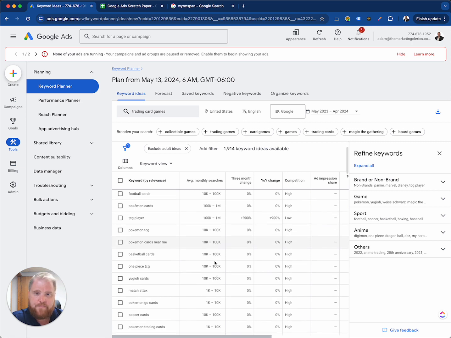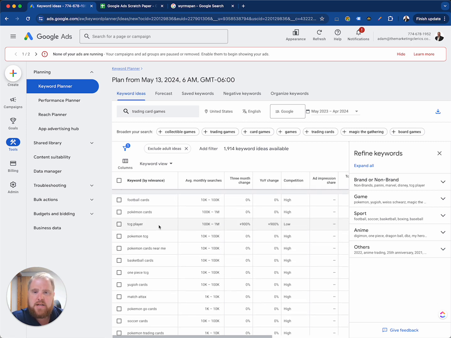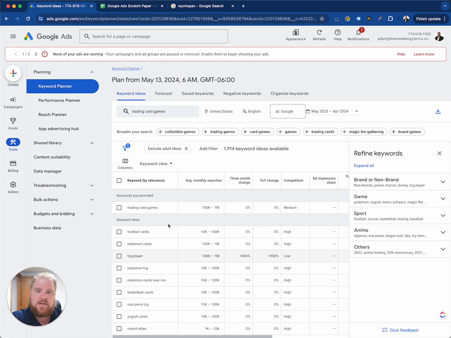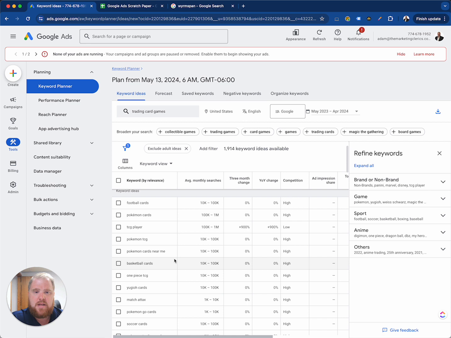Now you may ask yourself, why would I put an ad out for a keyword where they're clearly trying to find the TCG Player website? Well, you can also have good exposure that way. People are searching for that website. If you've got a compelling ad that competes with TCG Player, then that's why you would use it.